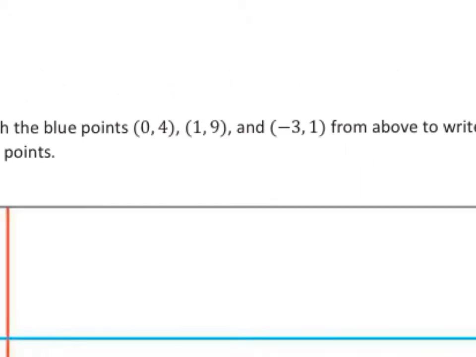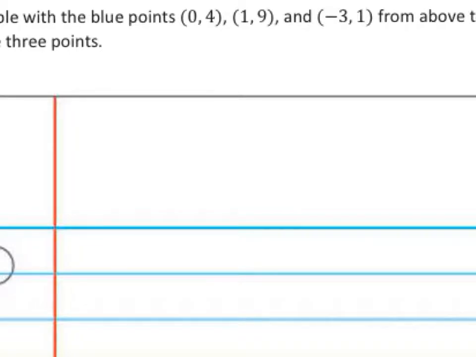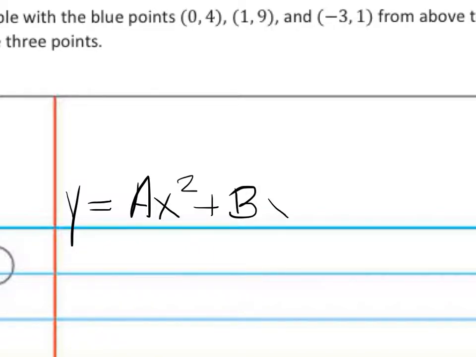For this one, you're going to do something similar, except you're going to have this: y equals ax squared plus bx plus c. We've used that numerous times. First, we have to figure out what the y-intercept would be. Which letter on there represents the y-intercept?